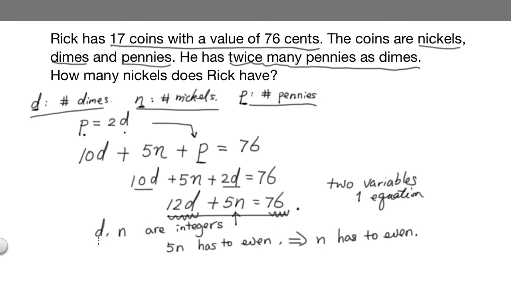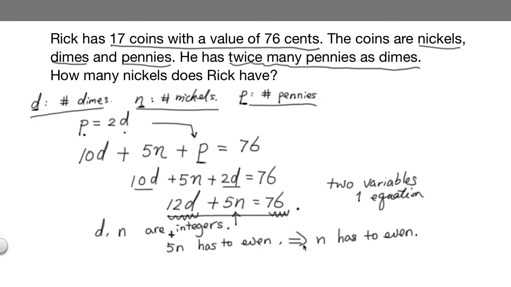Actually, I need to add that D and N are not only integers, but they are positive integers. All right, we're not going to have negative coins in Rick's coin collection. So D and N have to be positive integers.